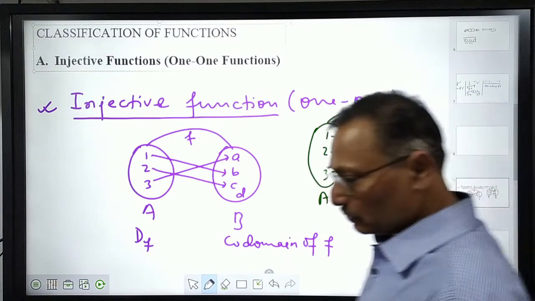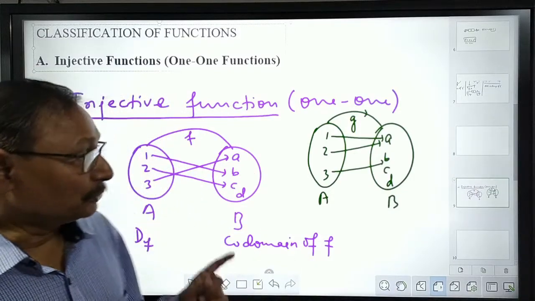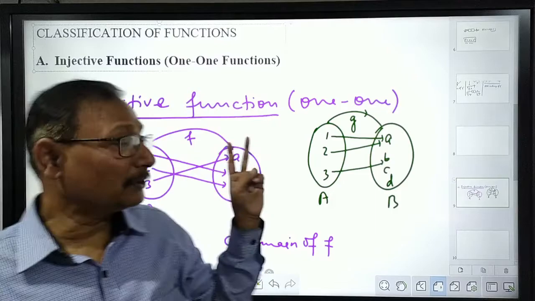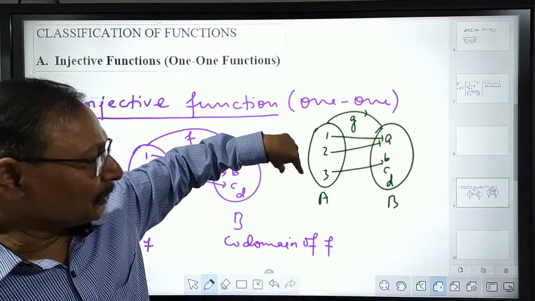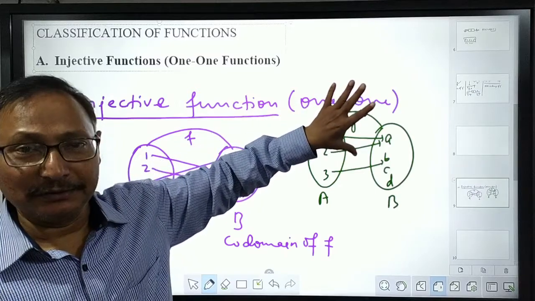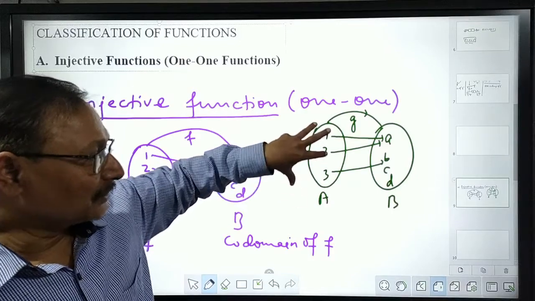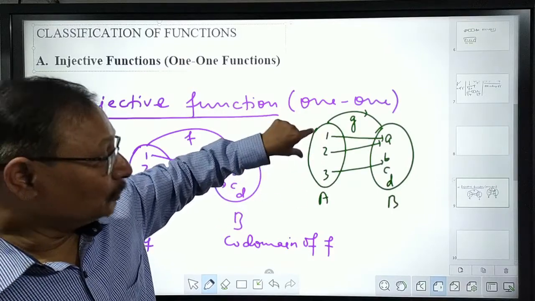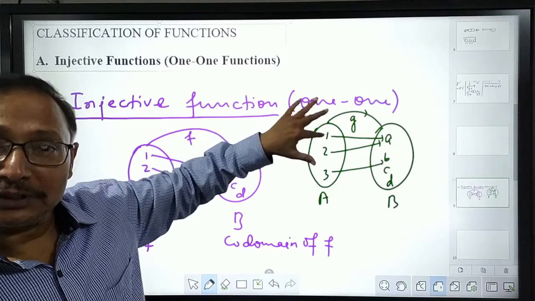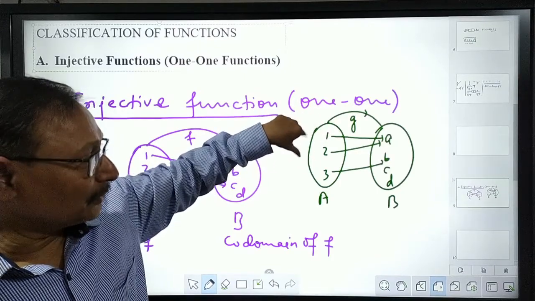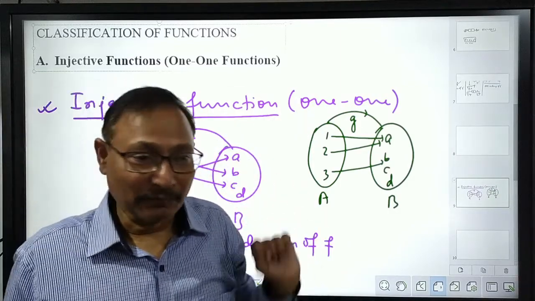First of all, we should think about whether this is a function. Yes, it is a function, because it fulfills both the criteria. First, all the elements of set A are paired, so the first criterion is fulfilled. And the second criterion was that no two pairs of any element of the first set, that means the domain, will be there.